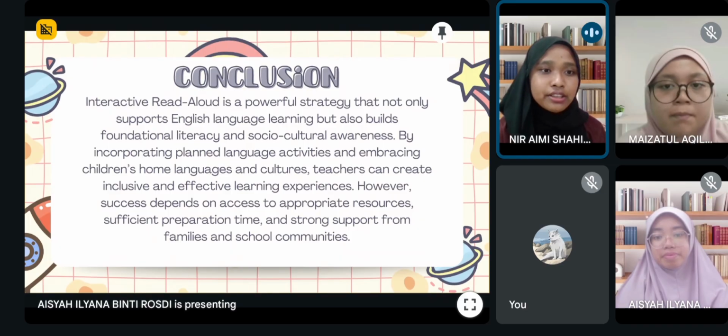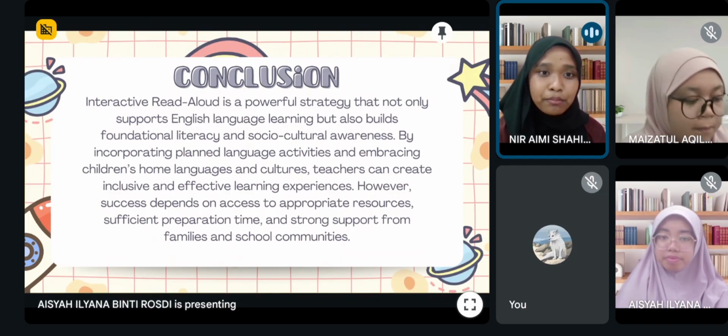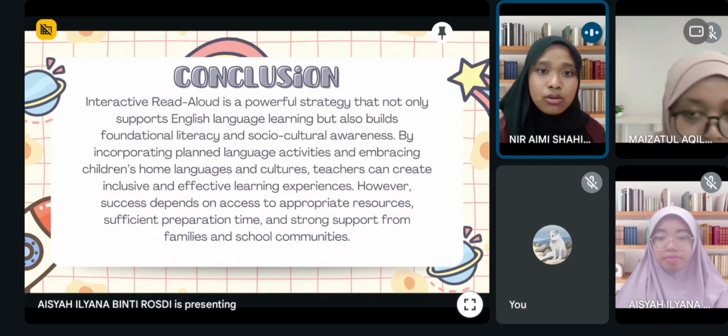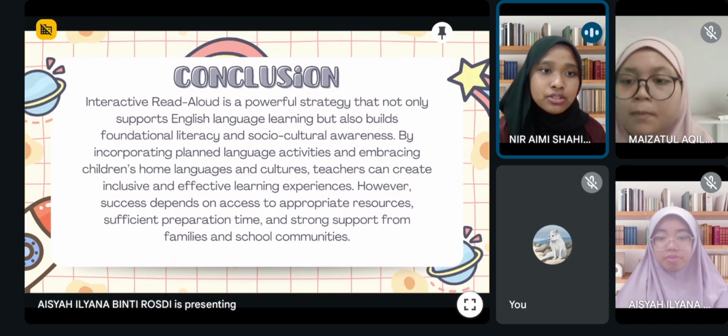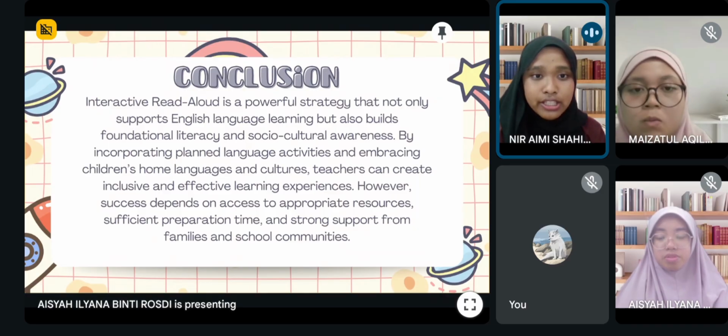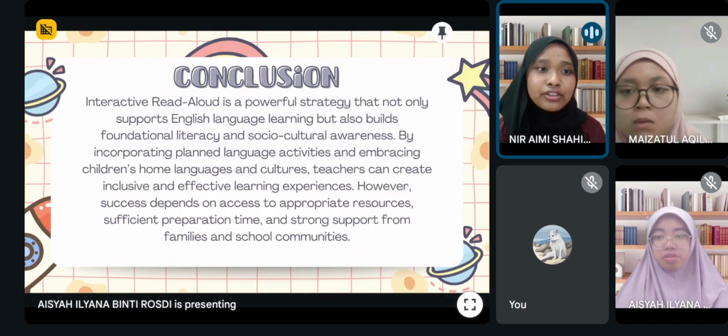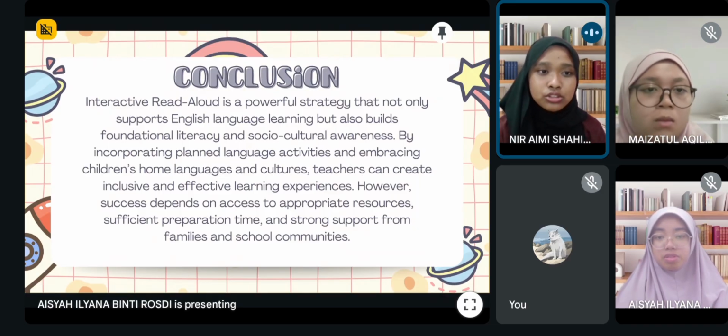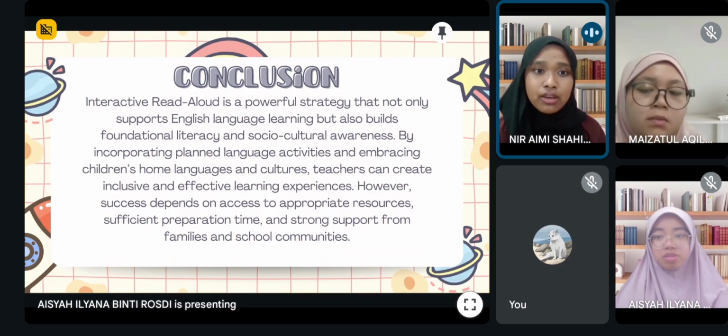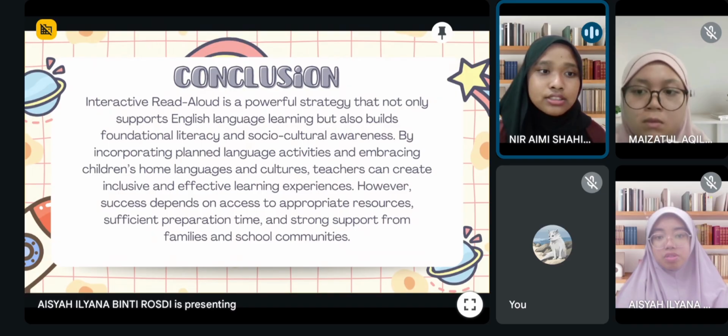By integrating play-based language activities, making room for children's home languages, and thoughtfully using multicultural books, educators can create learning experiences that are not only effective but also joyful, meaningful, and respectful of each child's unique linguistic and cultural background.